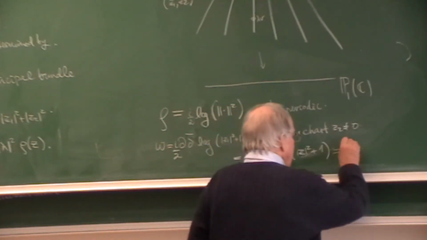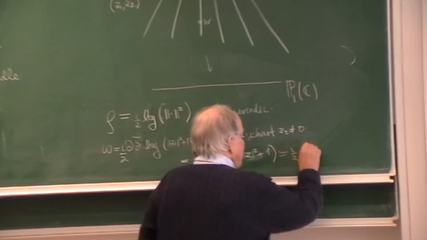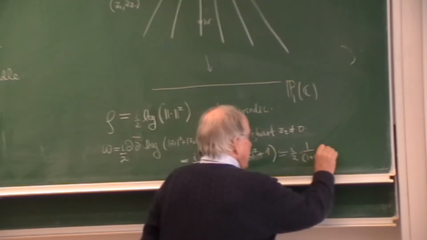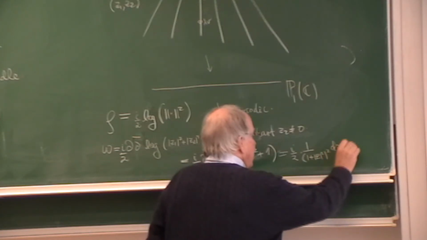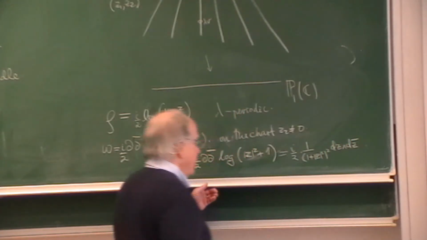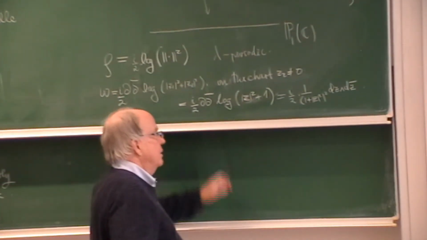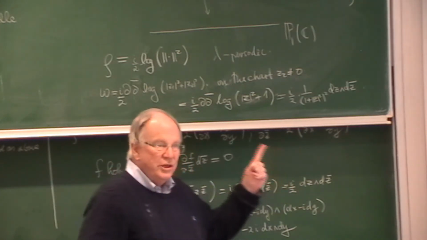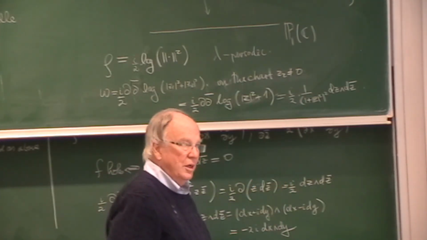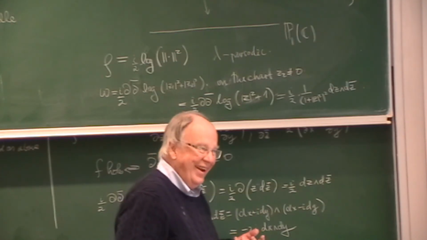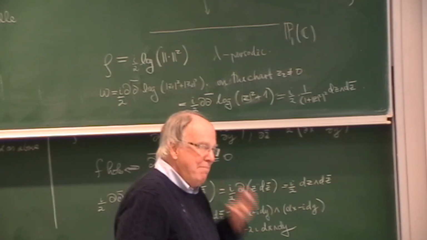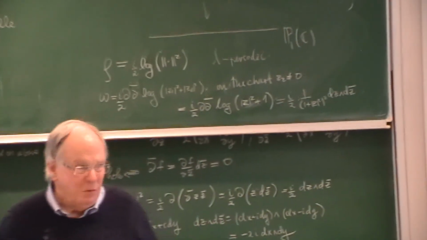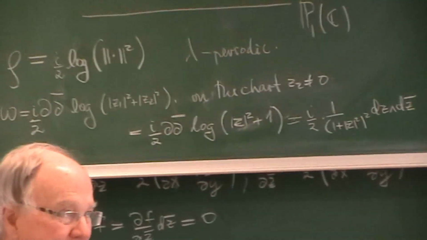I think if you do it out, I hope this is right. I've done this many times in my life, so I am virtually sure I did not make a mistake. Now, that is the absolute canonical 1-1 form that I can get by this procedure.